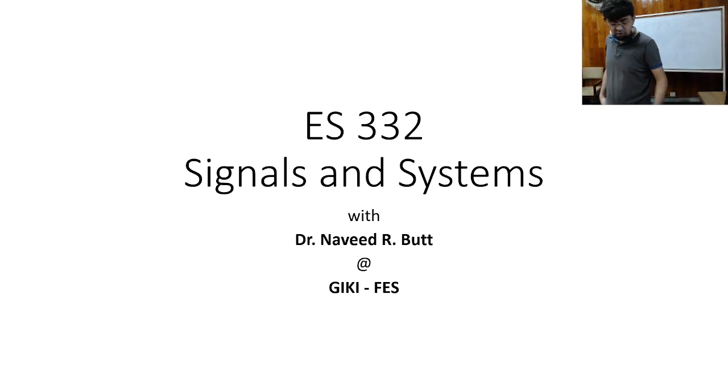Yes, what was it? So basically it is saying if you have any function, let's say f of t, and you multiply it with delta t, the unit impulse, what do you get?